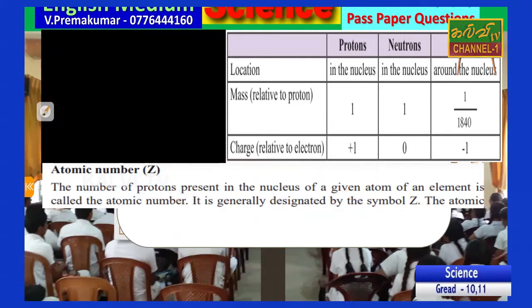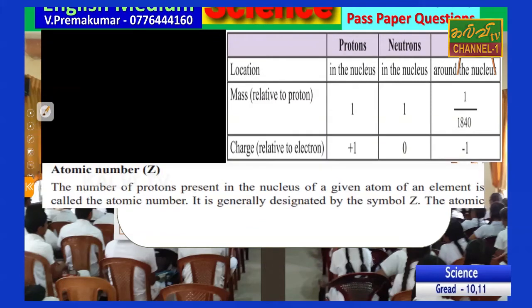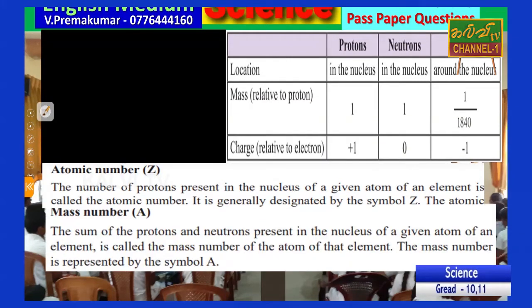The reason is that protons are inside the nucleus. Second one, mass number: the sum of the protons and neutrons present in the nucleus of a given atom of an element is called the mass number.